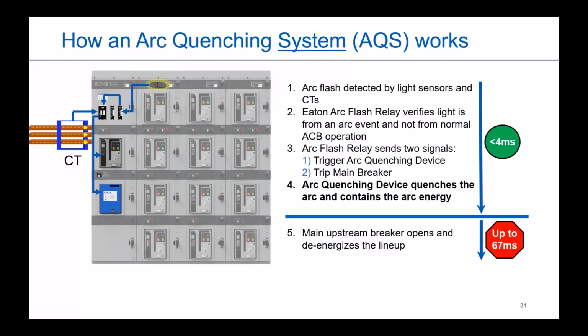But I'll paste both of them, the one that I was a contributing author on, as well as the one that I know one of our competitors wrote, where again, it was talking about similar subjects, about the need to have a new standard here within the US that's focused more on the arc quenching side of things versus being so dependent on the IEEE arc resistant standard. So I'll look and see if I can find those links after I stop presenting, and I can try and post them in chat. All right, thanks.